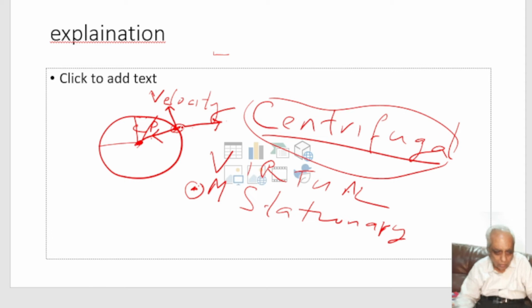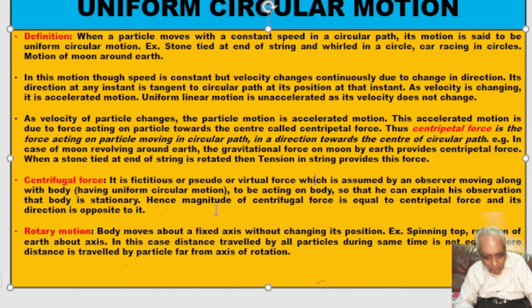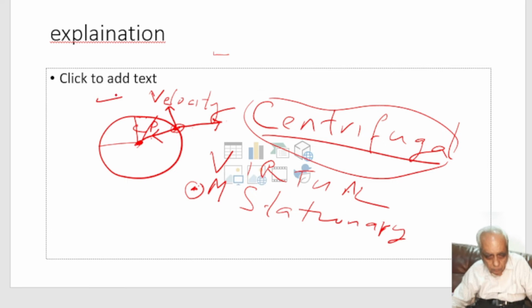So centrifugal force is a fictitious force, or pseudo force, or virtual force. It is assumed by an observer moving along with the body to be acting on the body, so that he can explain his observation that the body is stationary. So its magnitude is the same as centripetal, but the direction is opposite. So this is centrifugal force.